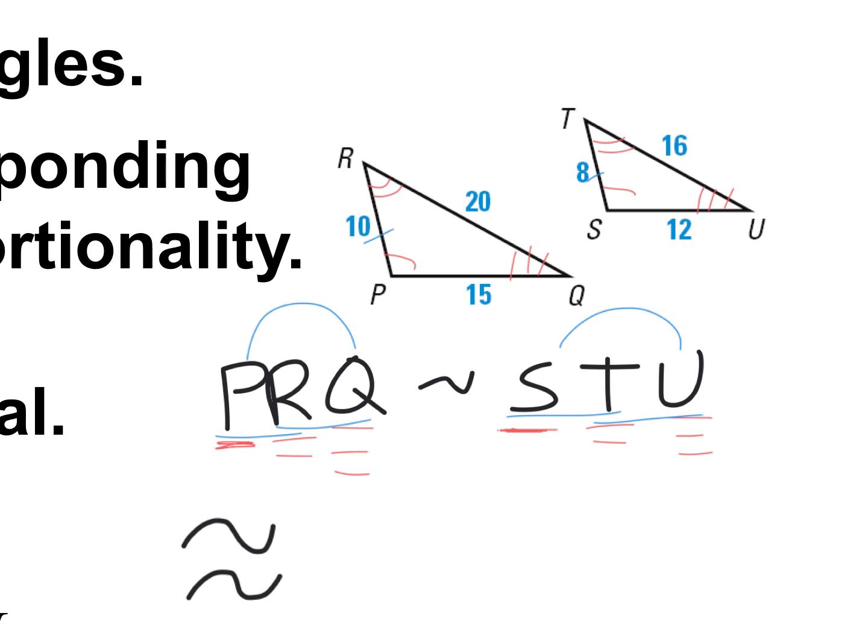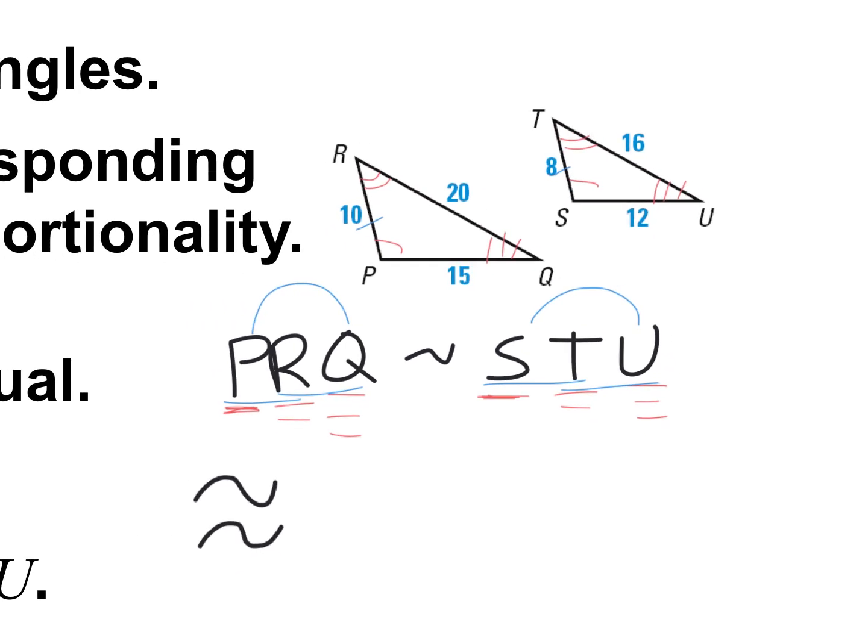Yeah? So now it wants us to compare sides. Okay. What did we learn yesterday? What were ratios? How did we write ratios? Fractions. Okay, we're going to make our own fractions. So if I start with 10, what side on the other triangle goes with 10? 8, right?